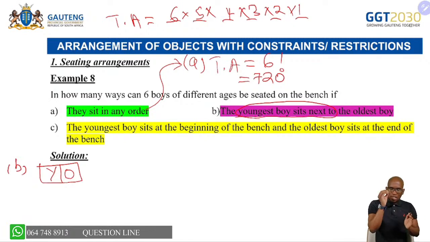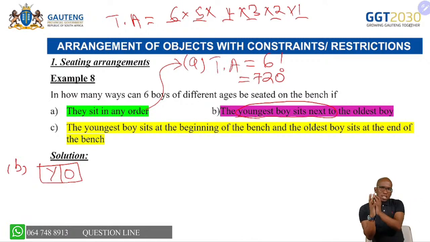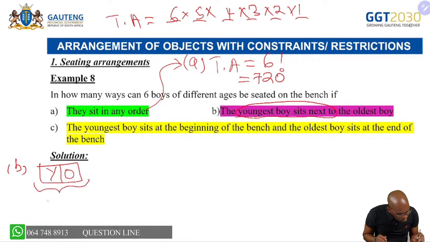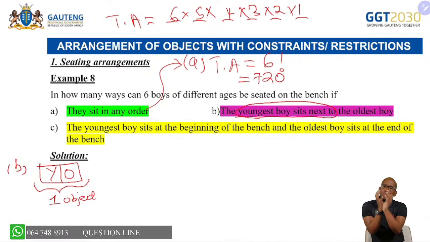The youngest boy sits next to the oldest boy, which means as you move them within the arrangement in the bench, they should move as an item. That is why we say when we have a group, we treat that group as a single object. So we treat this as one object, because they now move together as a group.